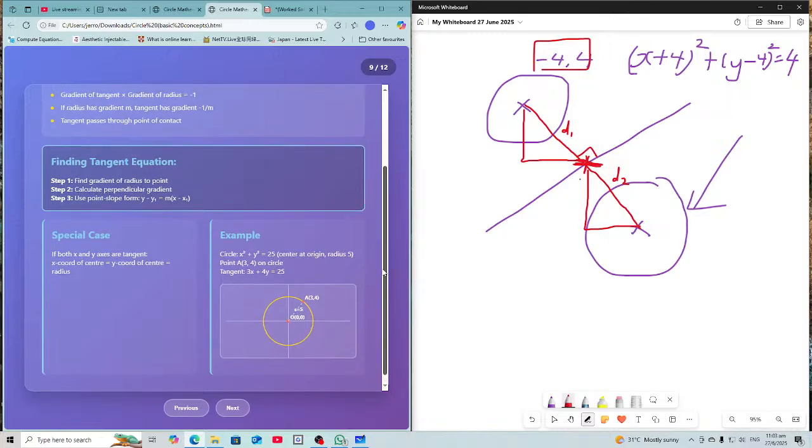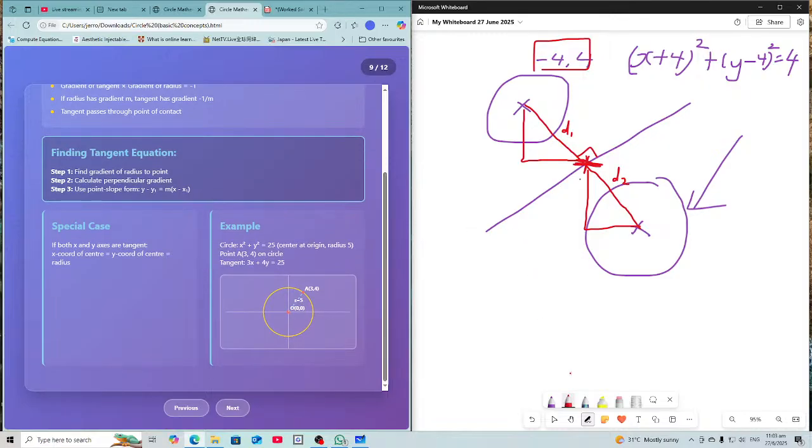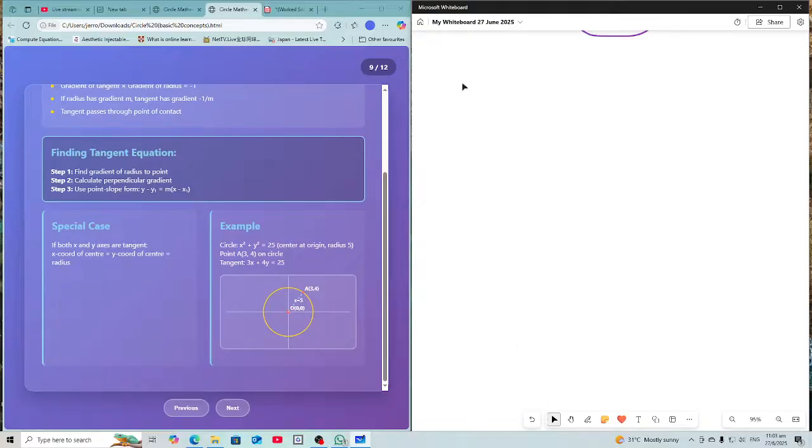So why is it important? Because when they mention, for example, x squared plus y squared is 25 and point A is on the circle, they may ask what is the tangent that goes through that point. So let's take a look at this example together. If they give you the equation of this circle as x squared plus y squared equals 25, you probably know that the center is 0, but that's not my point.